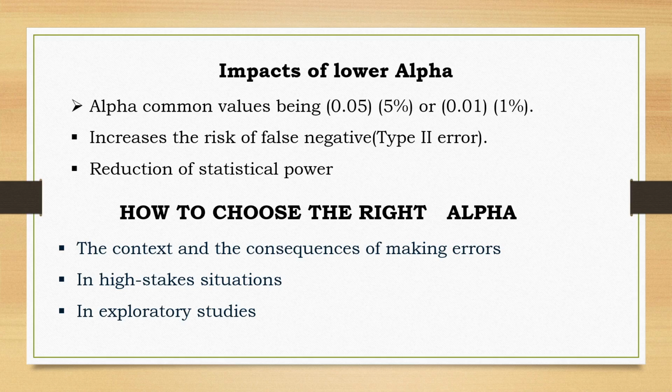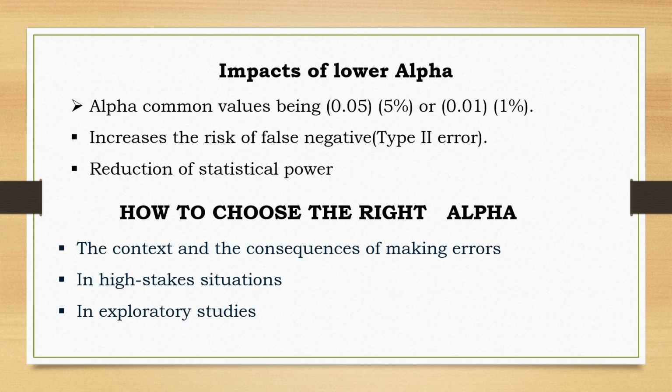How to choose the right alpha level? There are a number of criteria that we use for the selection of the right alpha level. Number one, the context and the consequences of making errors. And this one is based on your actual practices or experience. From your experience, the appropriate alpha level depends on the context and the consequences of making either type 1 error or type 2 error.